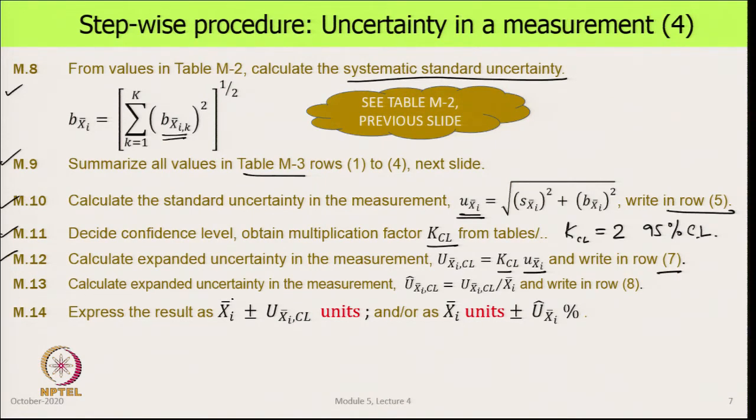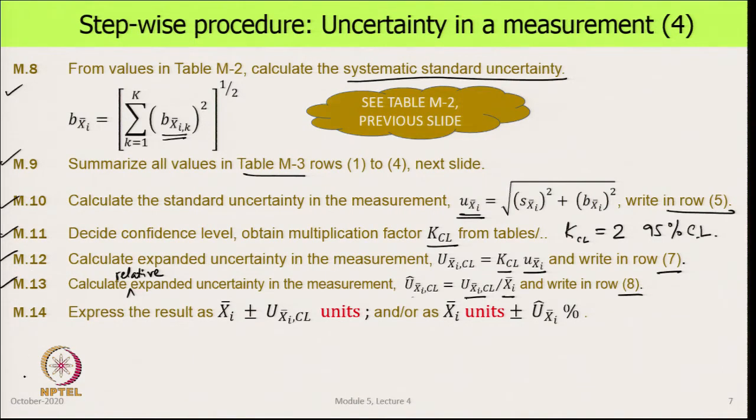Then we calculate the relative expanded uncertainty in the measurement, U hat xi bar CL, which is equal to the expanded uncertainty divided by the mean value, and we write it in row 8.